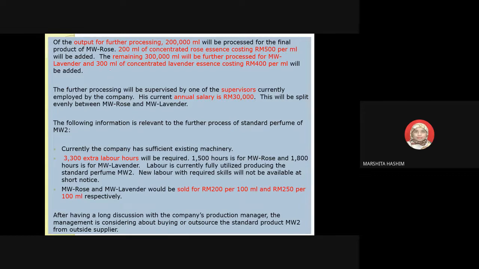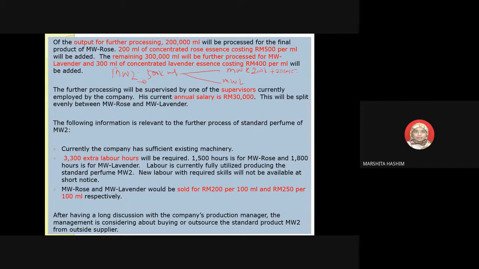So just now you have MW2, how many? 500,000 ml. Okay, you can calculate cost based on previous paragraph. Then you further process to MW rose and MW lavender. So MW rose, how many? 200,000 ml. You plus another rose essence 200 ml.